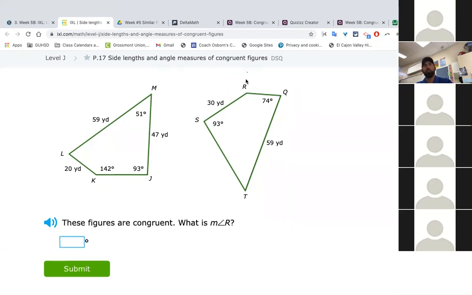So that means this angle right here. We have to figure out where it corresponds over here. Well, I see a 93 and a 74, but I don't see 74 over here. But I do see, let's say, 59. 59 and 74 are right next to each other. So that means that 59 should be right next to the 74 right here.